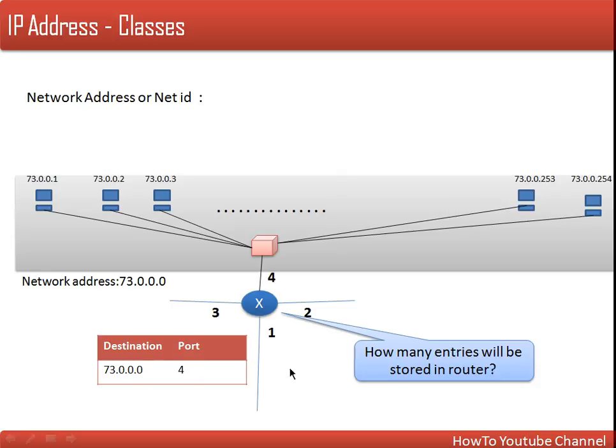Like, if any packet arrives for this destination, send it to port 4. So we have stored a single entry for that many nodes. This is also known as address aggregation, and it reduces the routing table. So here comes the network address. Every network has a network address.